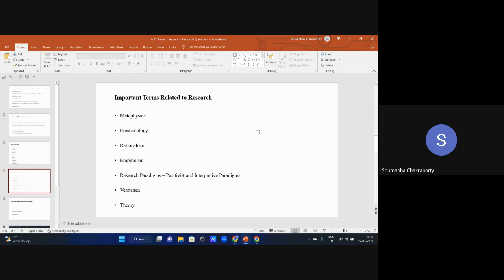Now, the other paradigm is the interpretive paradigm. This is not associated with quantitative research strategy.